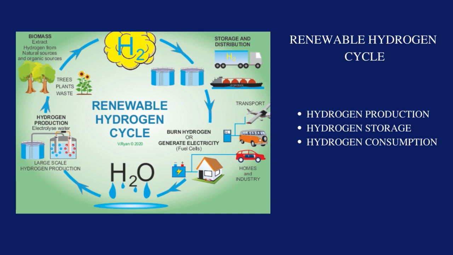Compressed gas and liquid storage are the most common methods, with compressed gas storage the most widely used for transportation. Hydrogen can be consumed in a variety of applications including transportation, industrial processes, and electricity generation.